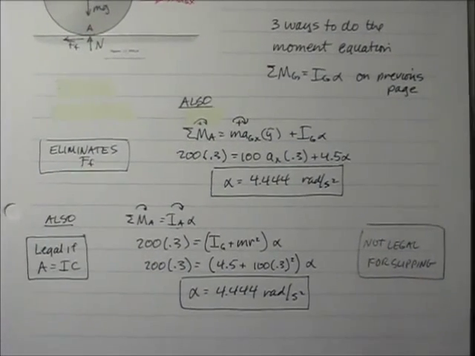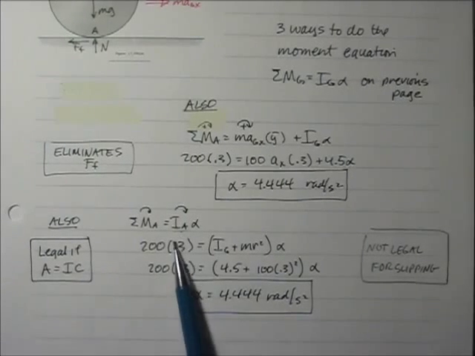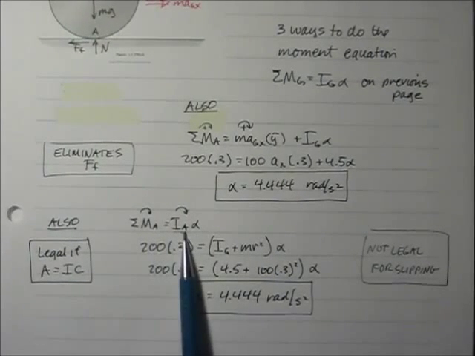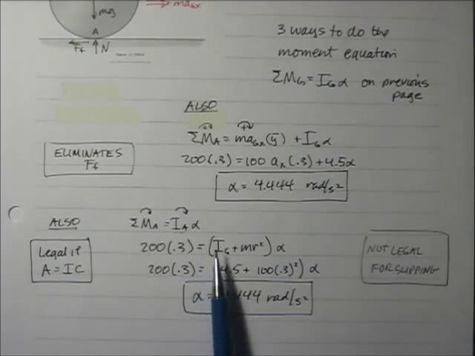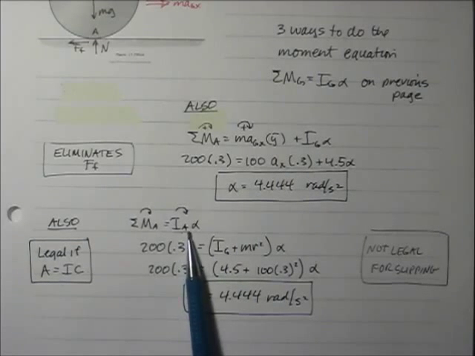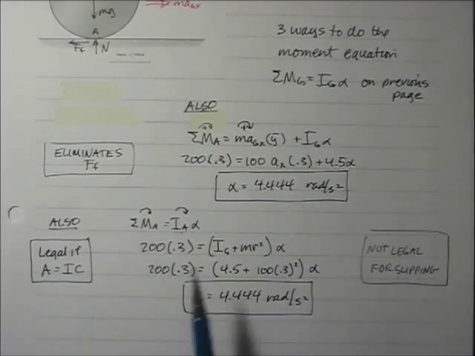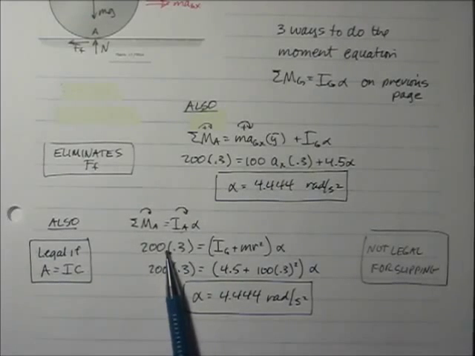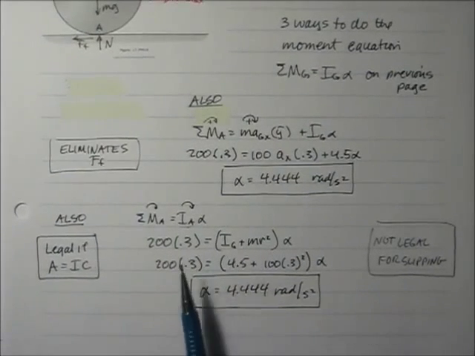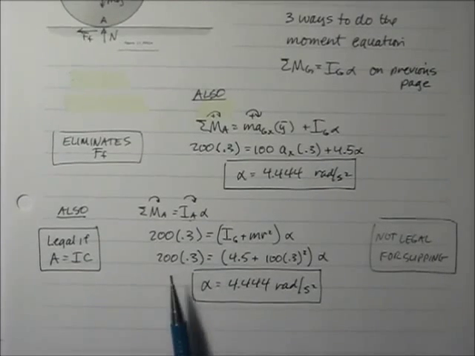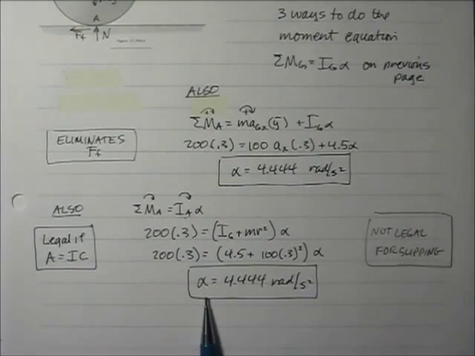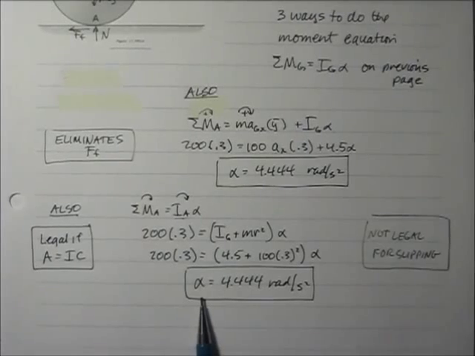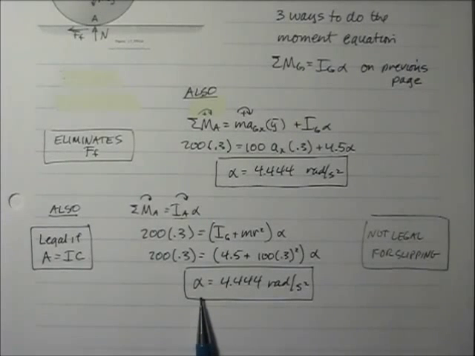All right. And then the last way to do that is using sum of the moments about A is equal to Ia alpha, where I'm using the parallel axis theorem to translate my Ig down to point A, and the moment looks like this. Again I can solve for alpha in one step without doing the sum of the forces equals mass times acceleration equation.